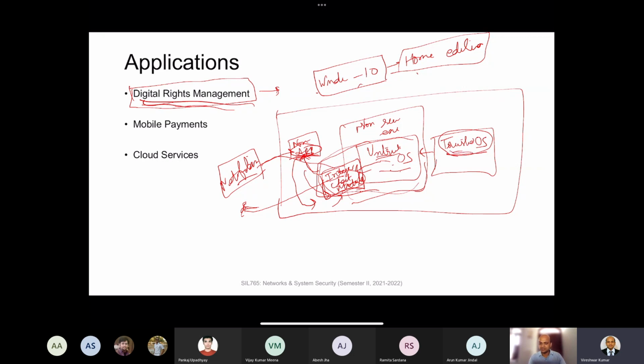We talked about the trusted OS and untrusted OS environment, and now we are talking about an application which is being secured by this integrity check module. So we are moving the trust. We had this trust in the hardware-based trusted OS.